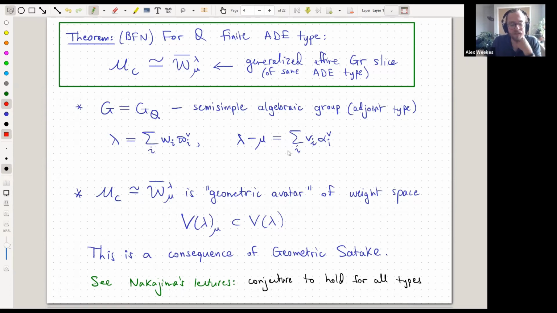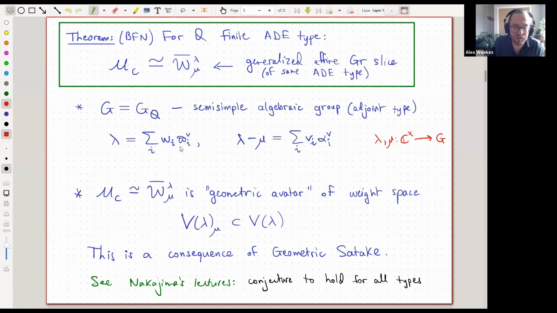And next, what we can do is take the data of the vector spaces W and V, and use them to build a pair of coweights. These are both coweights for the group, which is to say that lambda and mu are homomorphisms from the multiplicative group C star to G, and more precisely into the maximal torus.